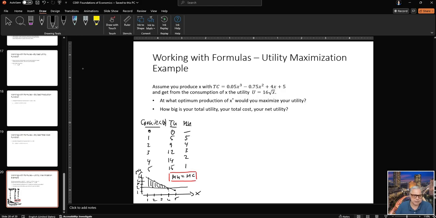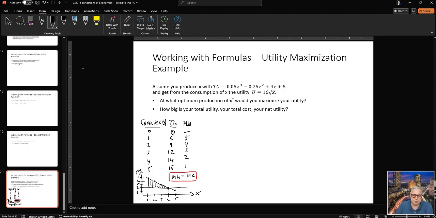So basically, finding this point. But now we have a more complex total cost function, namely an inversely related one, and we have a concave utility function. Okay, but in order to solve for the optimum, we need to find where the marginal utility equals the marginal cost.